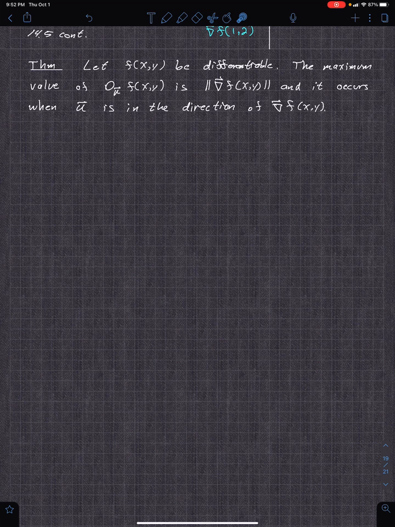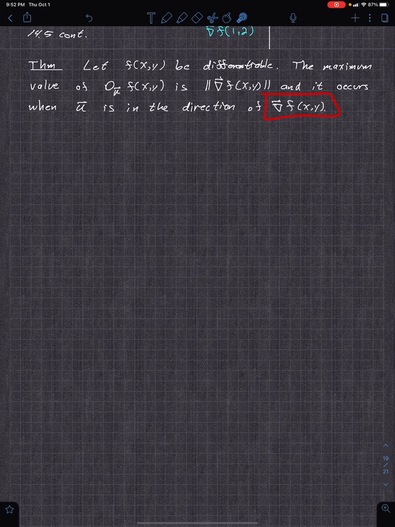The maximum value is the magnitude of the gradient of f. That's a real number. And this is the cool thing too: they're connected, obviously, and it occurs when u is in the direction of the gradient.